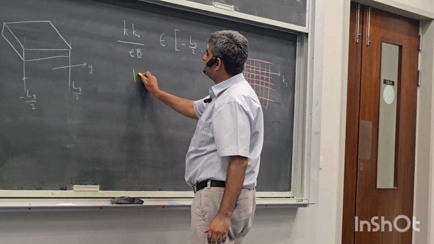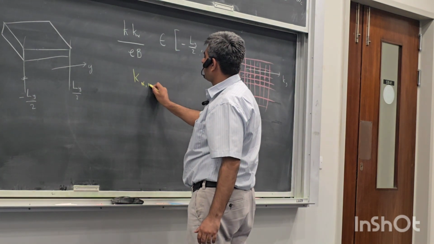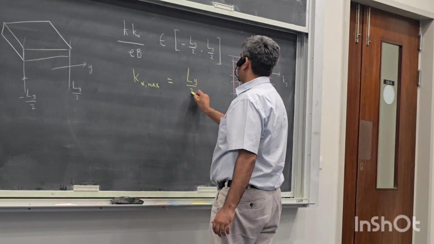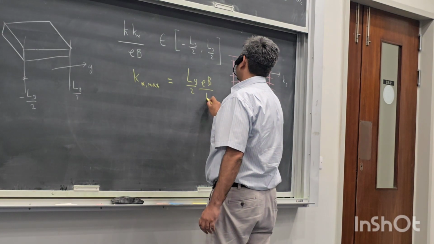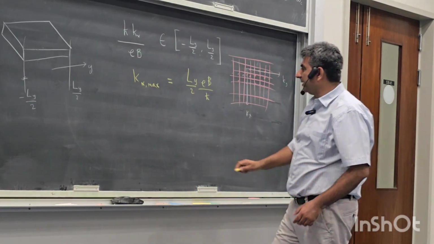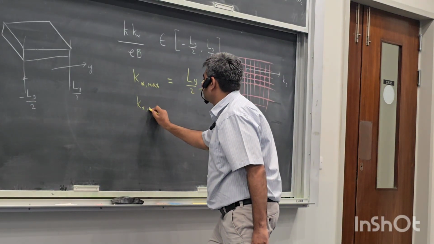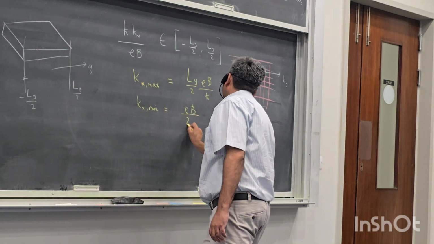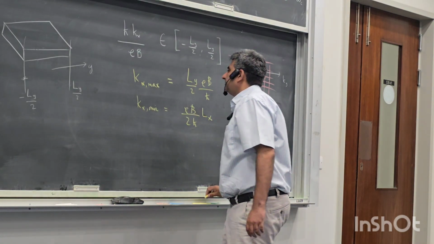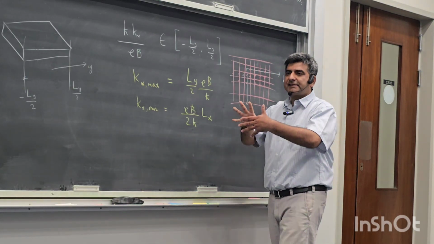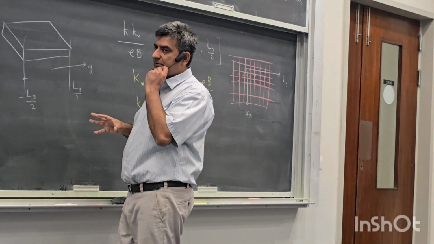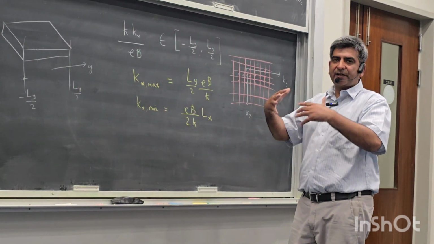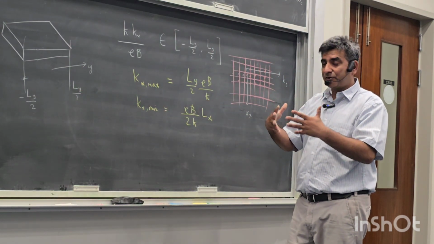So the maximum value Kx can take is Ly over 2 Eb over h bar, and the minimum it can take is Eb over 2h bar Lx. So the Kx is constrained to lie within this range when you impose an electric field or the magnetic field onto the electrons.